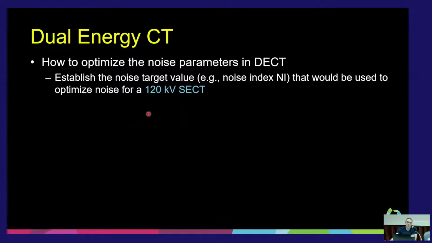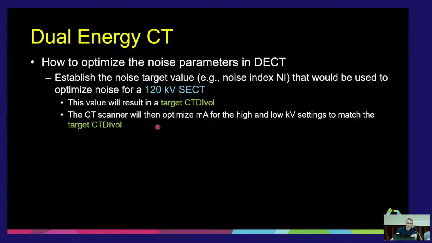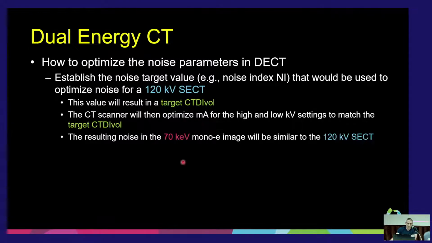Then as you process it and get all your different VMIs, the noise would look appropriate as if it was 120 kV. This will also help you set your CTDI value because it's based off the noise index, and it'll optimize the mA for the resulting noise.